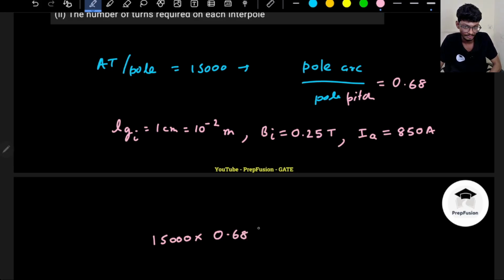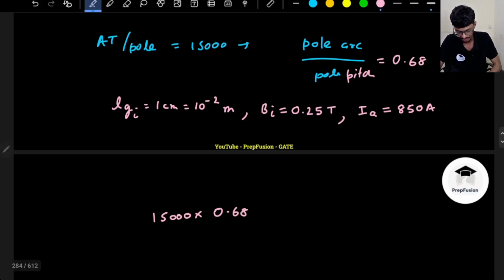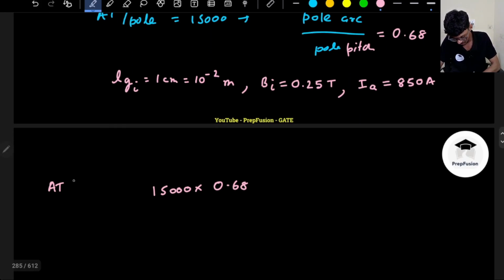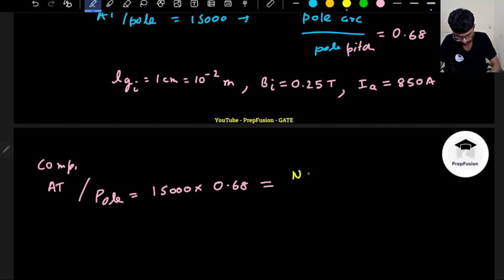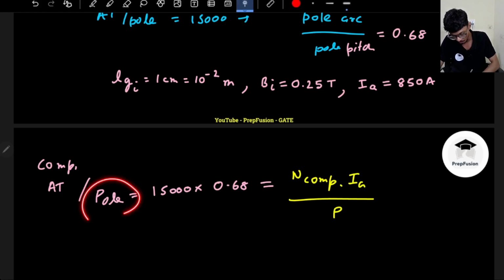So the ampere turns per pole of the compensating winding equals the total number of turns in the compensating winding into the current, which is the armature current Ia because the compensating winding is connected in series, divided by P because it is per pole.